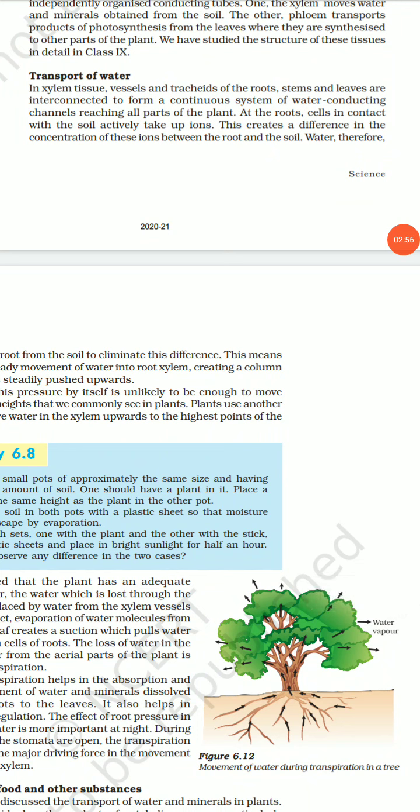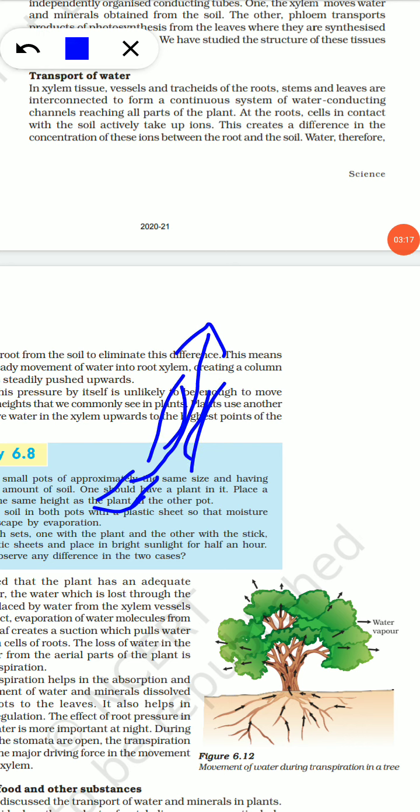In xylem, the vessels and tracheids of roots, stems and leaves are interconnected to form a continuous system of water-conducting channels. From the root it moves upwards.